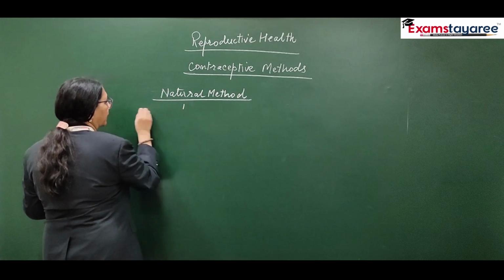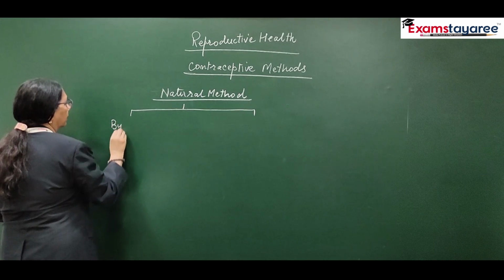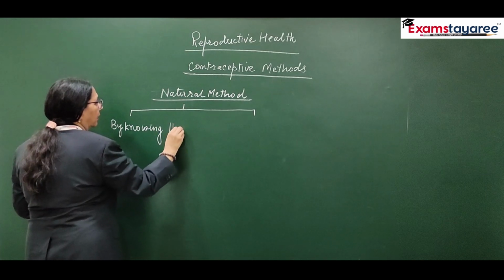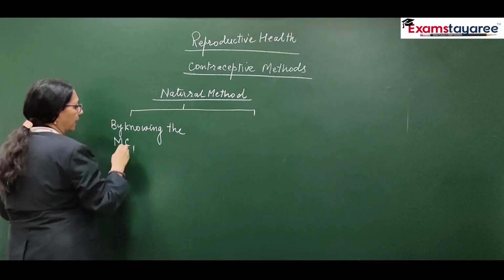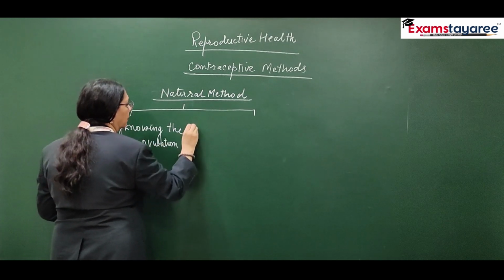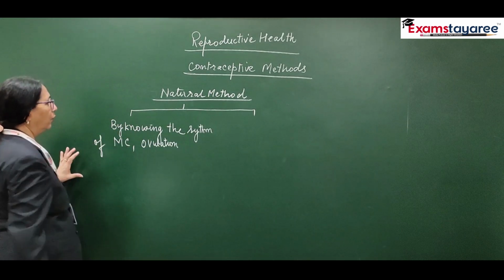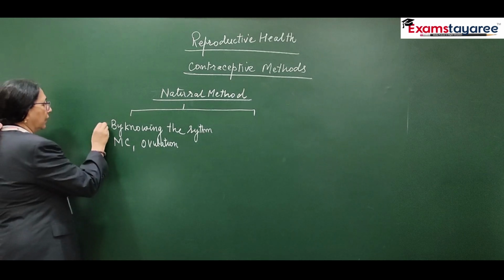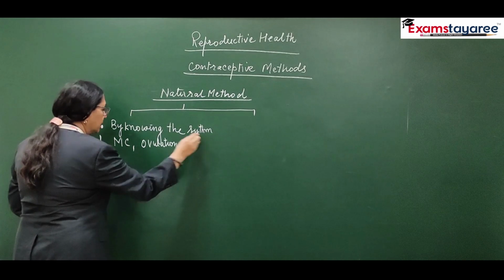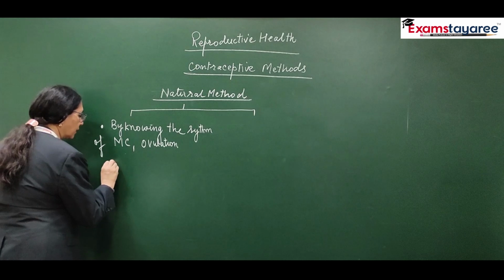One is, as I have already discussed, by knowing the rhythm of menstrual cycle and ovulation. Now in this there are further three methods. We can understand the menstrual cycle and ovulation in three ways.